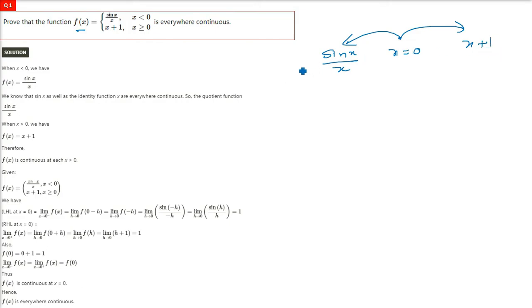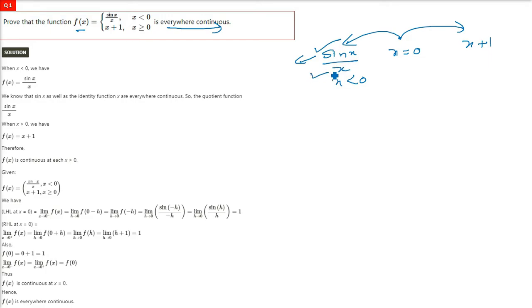The first thing is, we have to prove in this question that this is continuous everywhere. But what we discussed just now is that sin x is continuous. When we are talking about x less than 0, sin x is continuous and x is continuous.